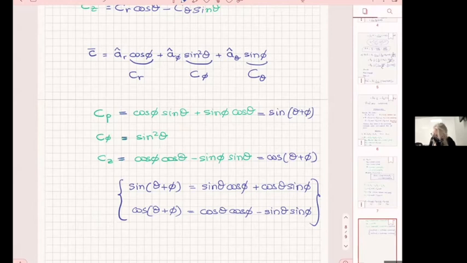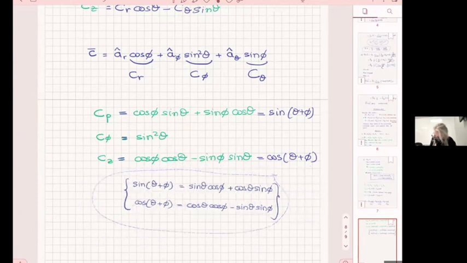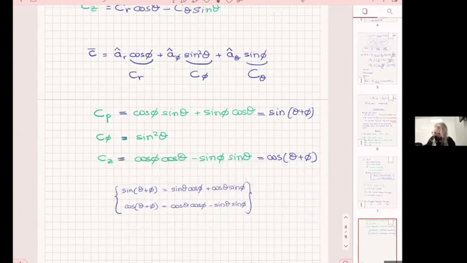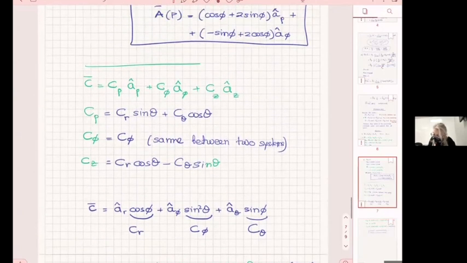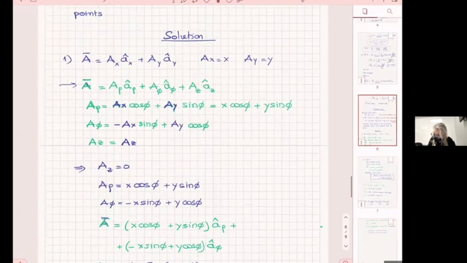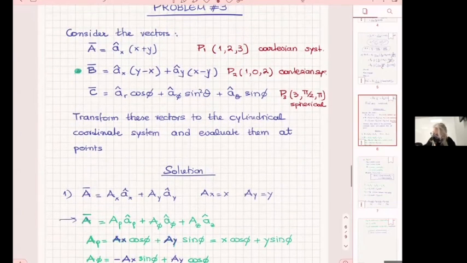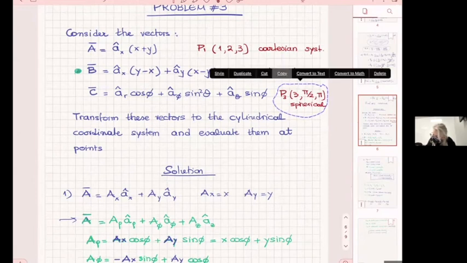And now it's asking us to find this vector C at what point? At this point. Copy.